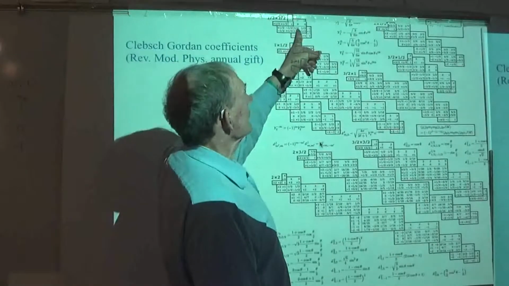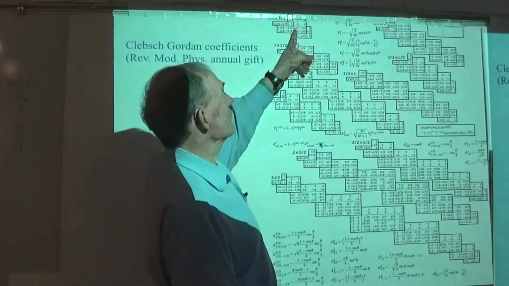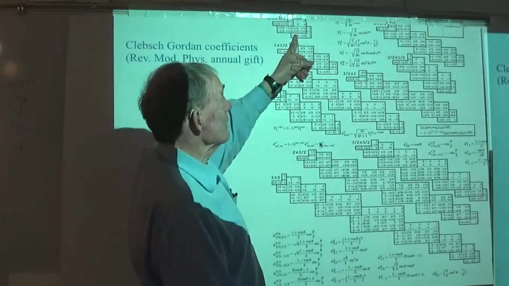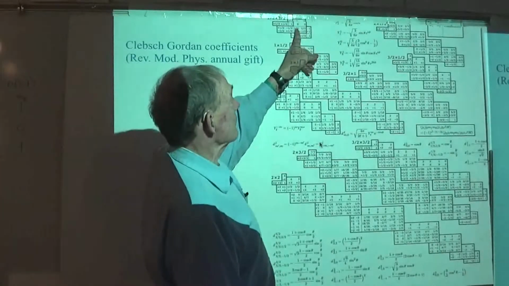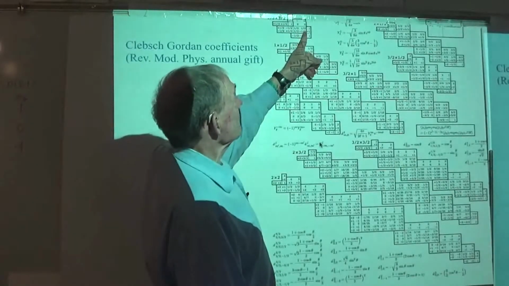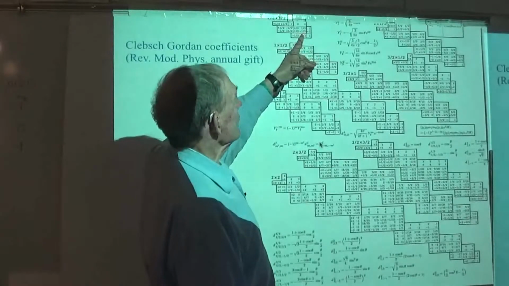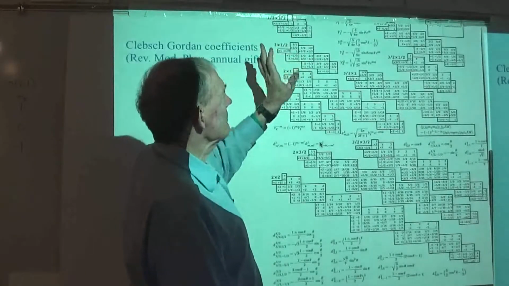I think you know this 1/2 cross 1/2 Clebsch-Gordan table. It's just 1 over the square root of 2. It's just our assembly formula for the simplest case, symmetric and antisymmetric, the ortho and the para spins. So if that's got a hole punched through it, it shouldn't bother you any.